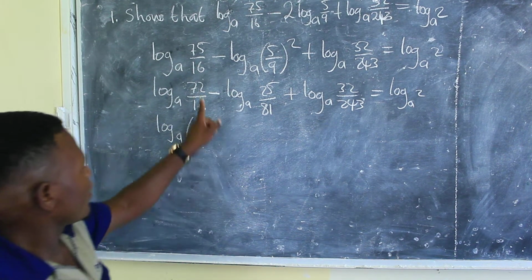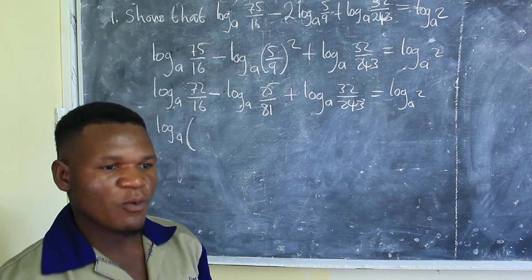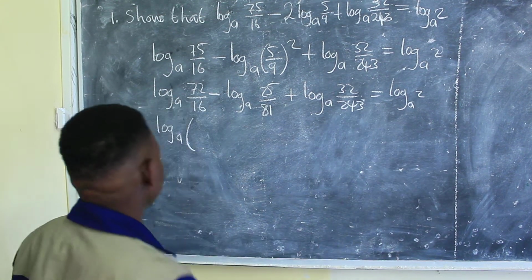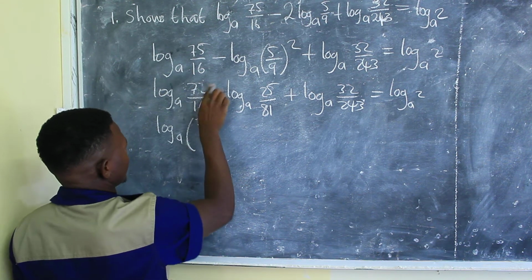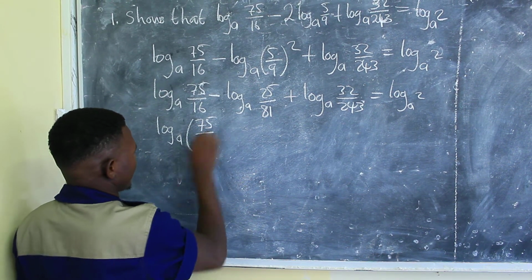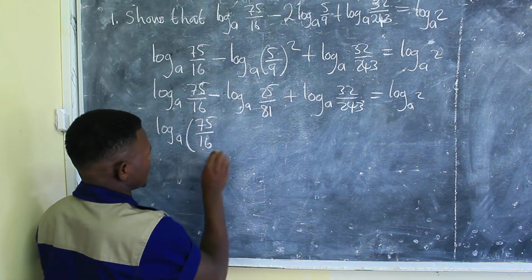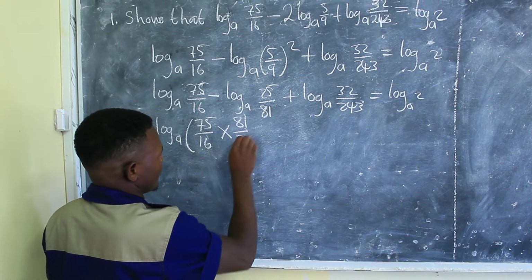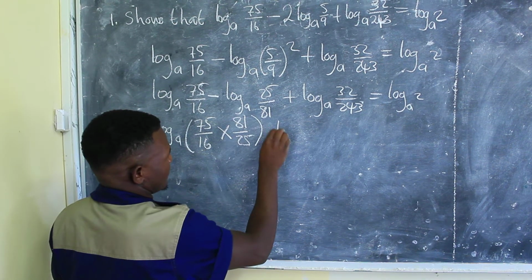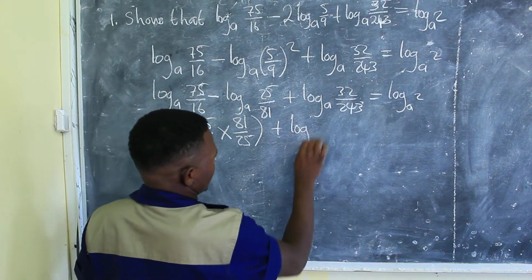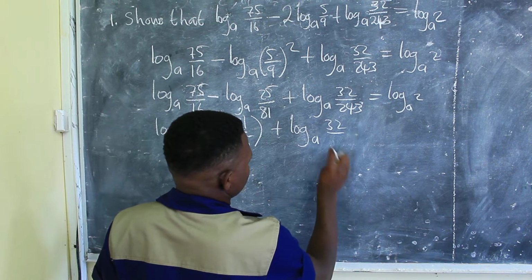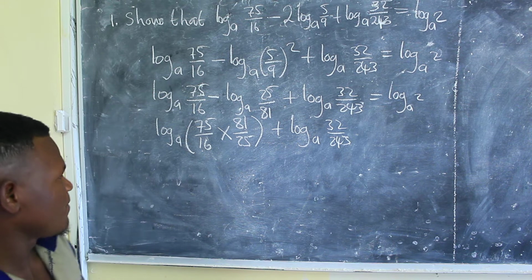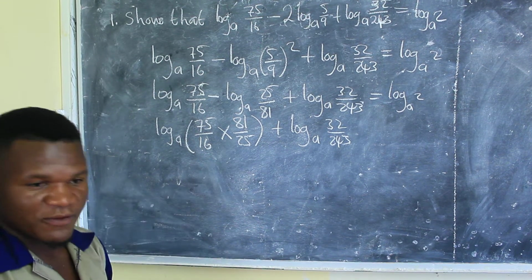When you are dividing fractions, we always reciprocate the second term. So it's 75 out of 16 multiplied by 81 out of 25. Plus log base A 32 out of 243.